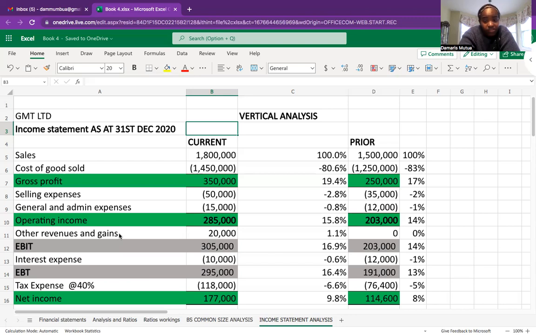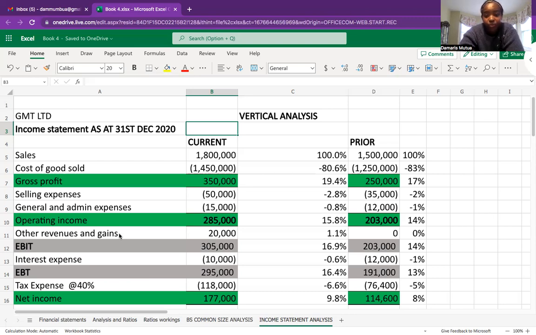Maybe interest income from an investment. The EBIT, that is the income before interest and tax, then interest expense. We have a long-term debt and we are paying interest on the long-term debt. The EBT, then the tax; we have a corporate responsibility of paying tax. Then the net income.